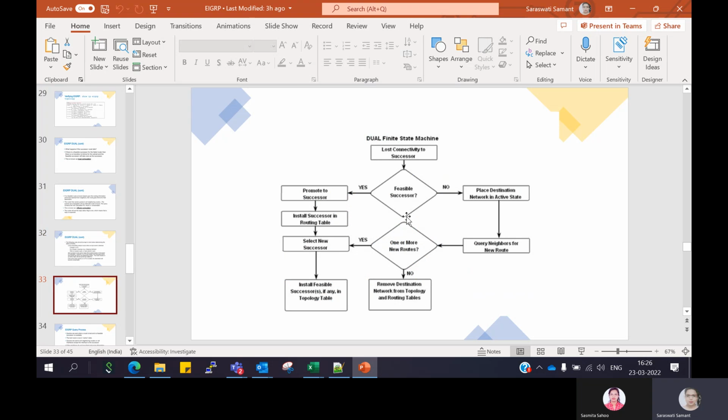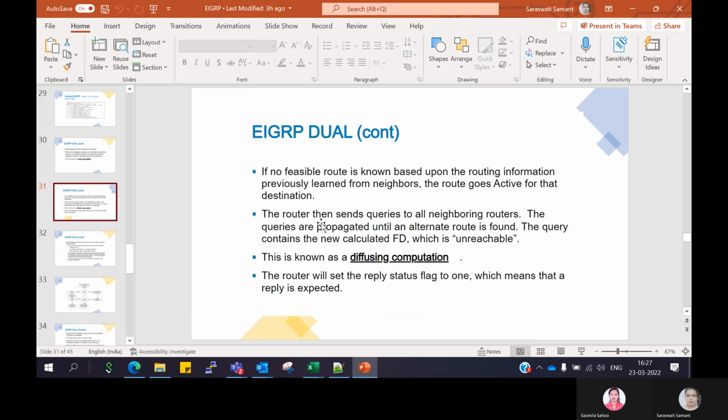So this is a brief flow chart: if you lose connectivity to the successor, and you do not have a feasible successor, then that particular router will place the destination in active state. It will propagate the updates, query the neighbor routers, and come up with a new calculated FD.